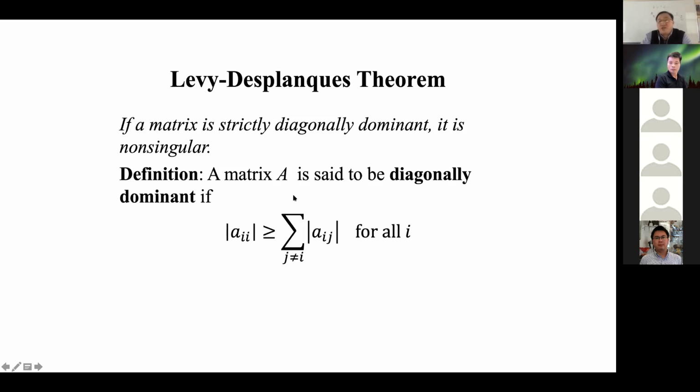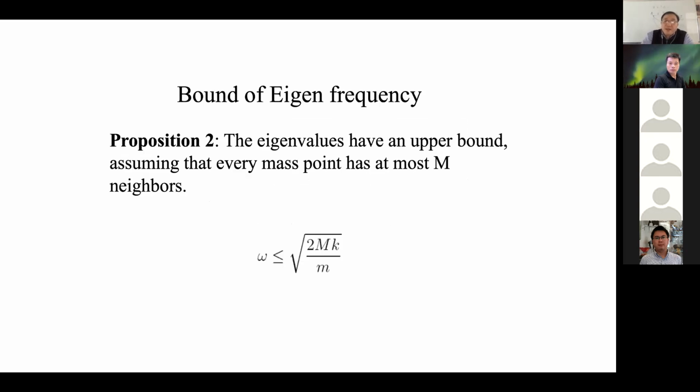So the whole system is conservative, and it is purely oscillatory, a conservative system if you don't introduce external force. And the second thing we proved is that there is an upper bound for the eigenfrequency.